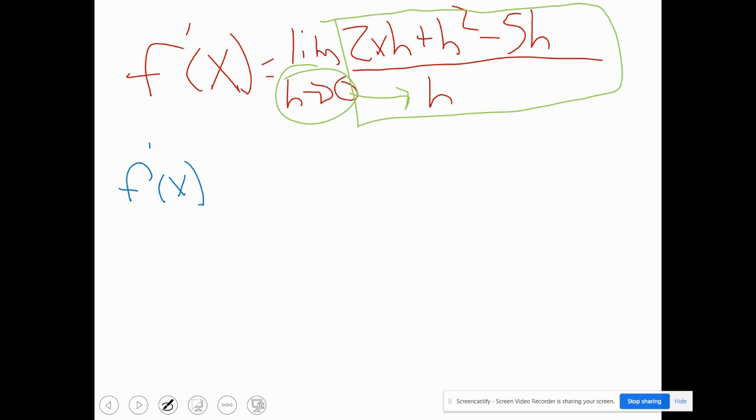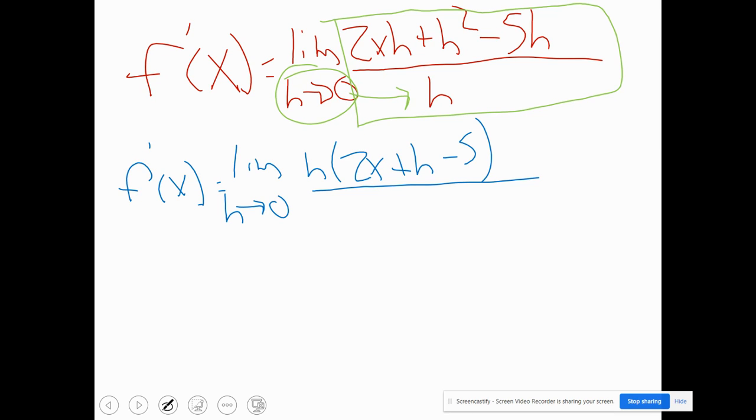F prime of x equals the limit as h approaches 0 of, I can factor an h out of every term. That leaves me 2x plus h minus 5 over h. So there's my factoring. There's my canceling. And now I can plug in h equals 0.